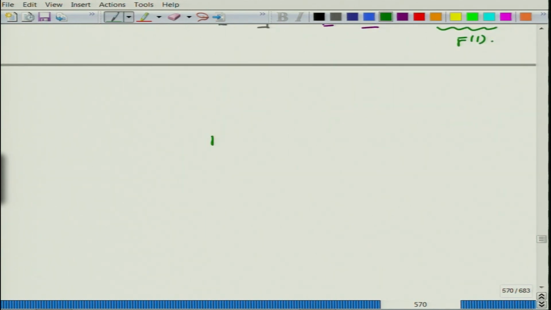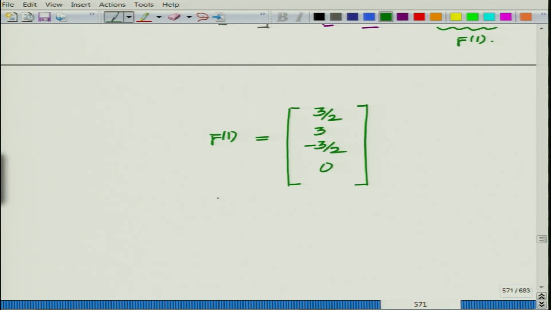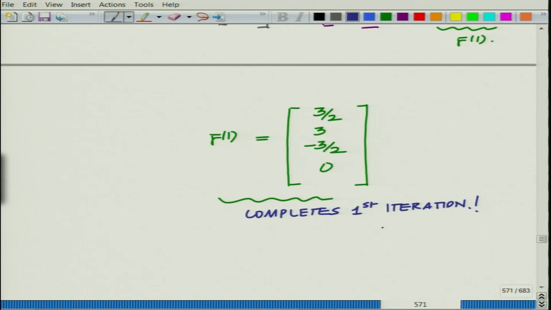So, your r bar 1 is basically equal to 3 by 2, 3, minus 3 by 2, 0. This completes the first iteration, and this is your residue at the end of the first iteration.